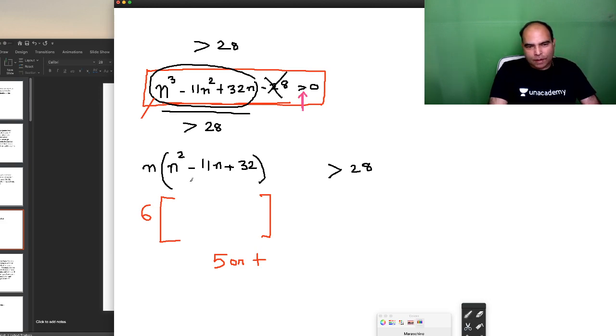So it has to be 5 or more. Because if this part is 5 or more, then 6 into 5 or more will give me greater than 28. So with n is 6, this is 36. This is 32. 36 plus 32 is 68. And this is the negative value, which is minus 66. So I do not get the value as 5 or more. So at 6 also, we are not getting the answer.